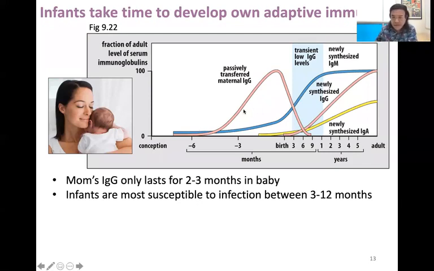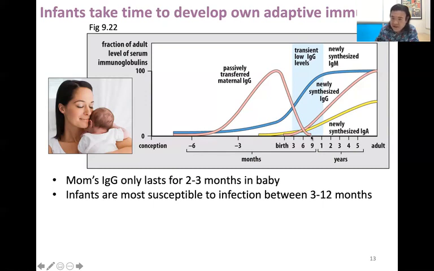You can see during pregnancy, you have passively transferred maternal IgG to baby, but at birth, that's the end of transferring IgGs through the womb. So the levels of those maternally transferred IgGs, those passively acquired antibodies, begin to fade, and after a few months, they're all gone.